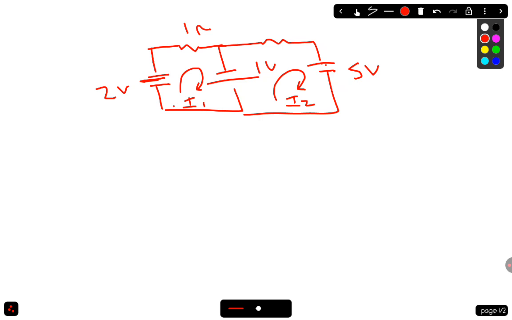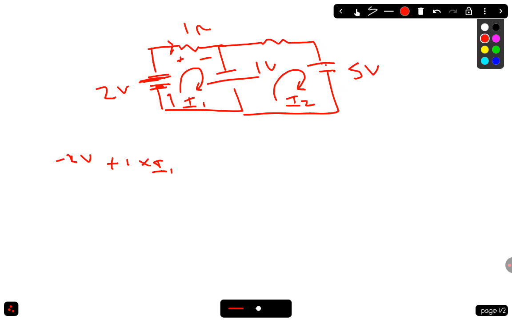We will move from here till here. First we are facing the negative terminal of 2 volt, so we write minus 2 volt. Now here current is entering the 1 ohm resistor, so the entering point is positive and the leaving point is negative, so plus 1 into I1.